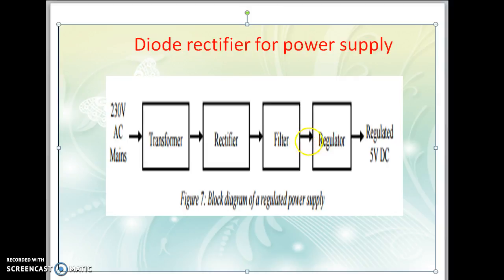Or whenever the load resistance is changed, the output changes. This is not our requirement. We want our output voltage or current to be constant in spite of changes in the input or in the load. So there is a need of one more section that is called a regulator.